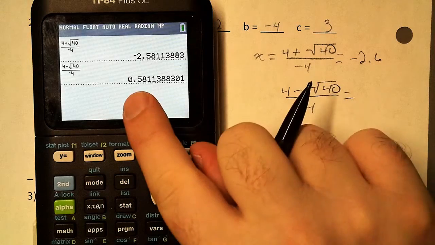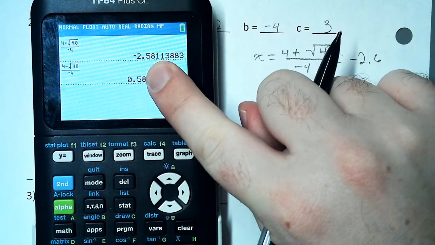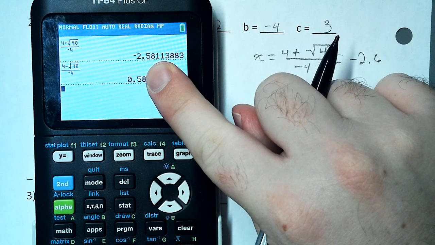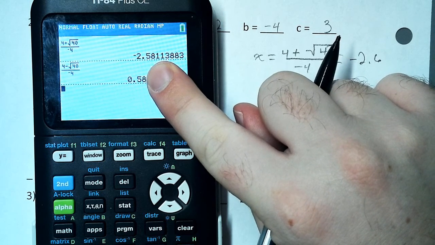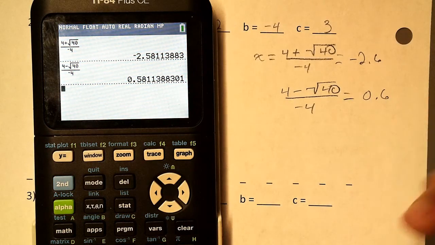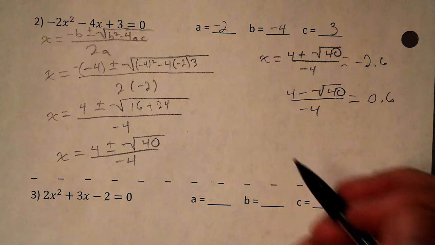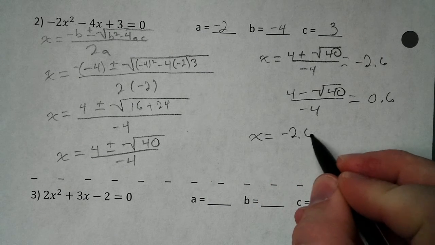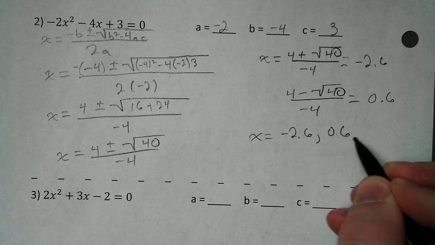And I got 0.58 and all that other stuff. So look at the hundredths place. That 8 makes 5 round up, so this one is just going to be 0.6. So our two solutions are x equals negative 2.6 and 0.6.